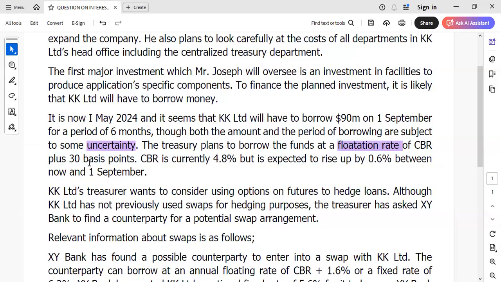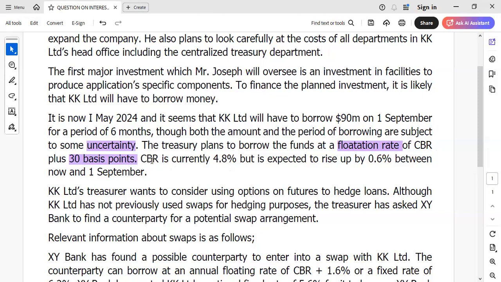Remember what I said, if it's 30 basis points, what is the percentage? 0.3%. You simply get 30 divided by 100. So it means that here the floating rate is CBR plus 0.3%.